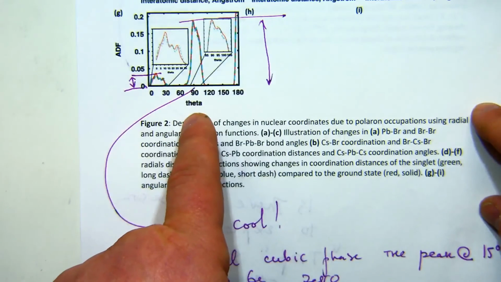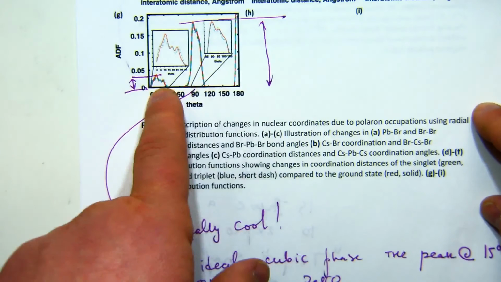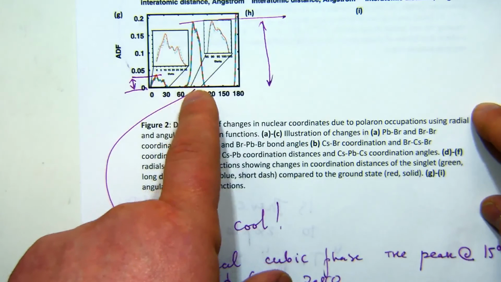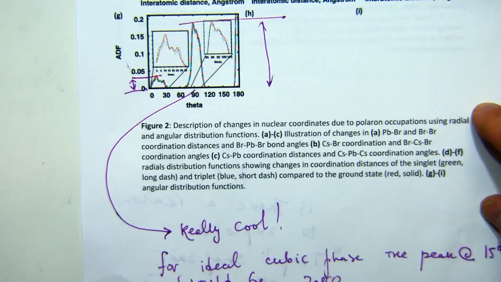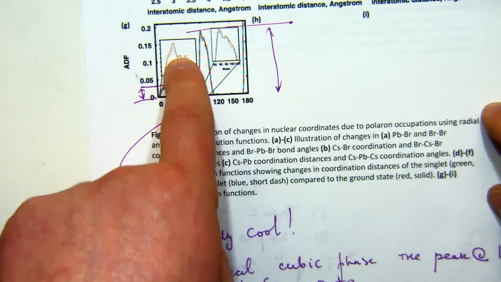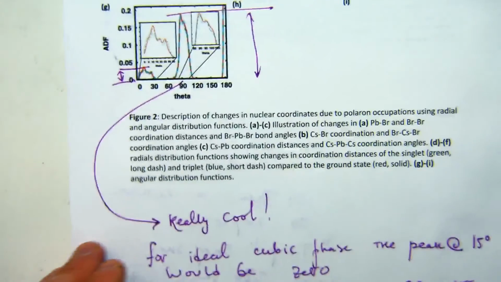But as soon as the angles bend, a deviation from this cube appears. So it's a good indication of phase transformation, which can eventually be facilitated by photoexcitation. Although the changes here are not drastic, it is a really cool tool.